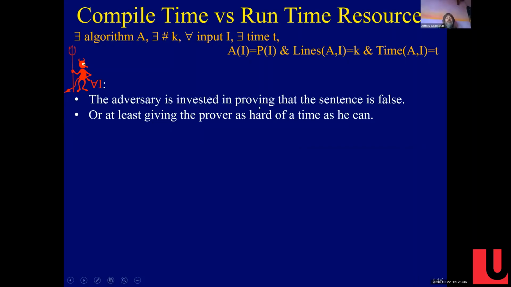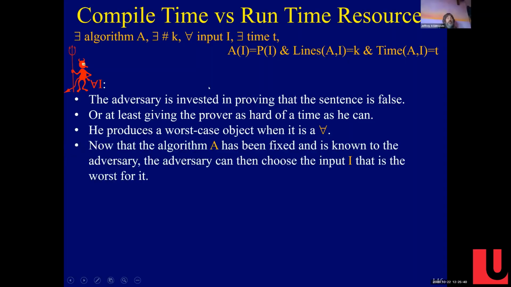He wants to give the prover as hard a time as possible. So he produces the worst case input. He knows the algorithm, and he comes up with an input that is hard for that algorithm, right? Some algorithms might work for some inputs, and other algorithms work for other inputs.